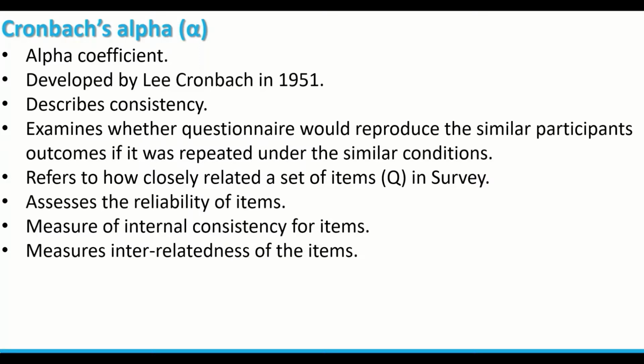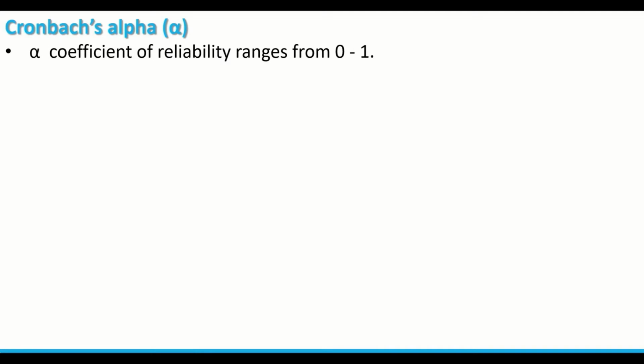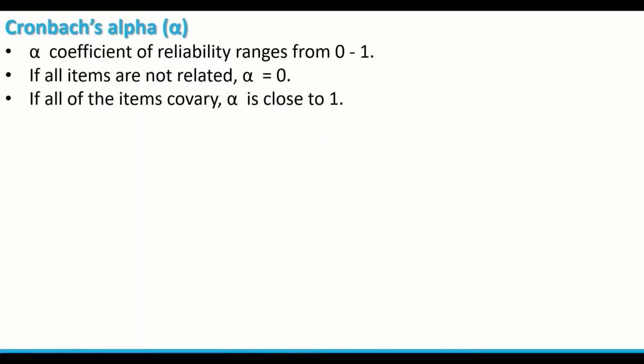The alpha also measures the internal relatedness of the items. The alpha coefficient has a reliability range from 0 to 1. If all items are not related, then alpha equals 0.